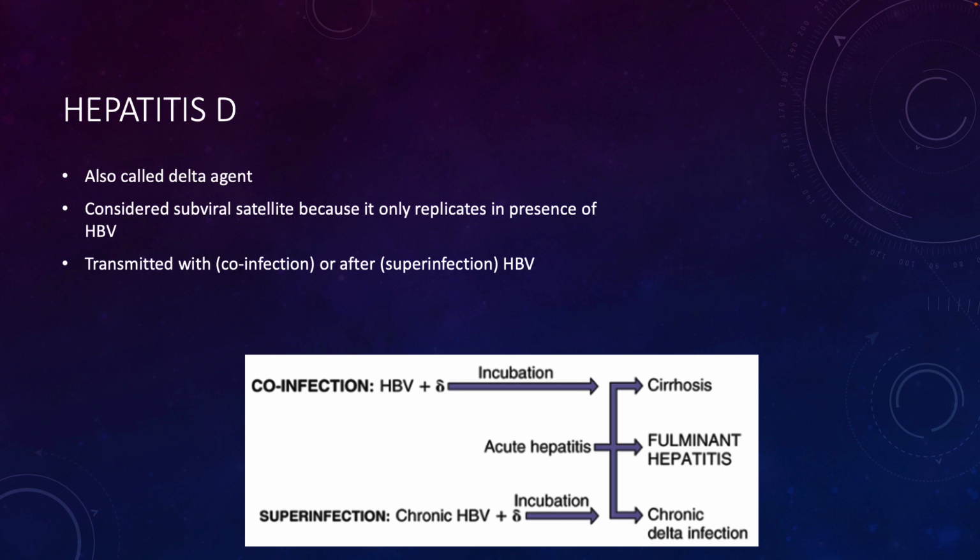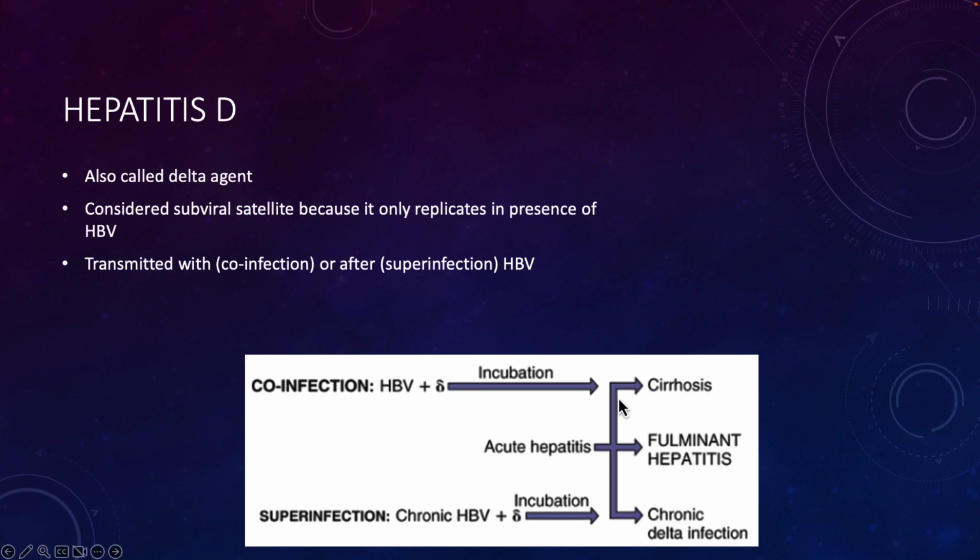It is considered a subviral satellite. So it's this kind of weird piece of genetic material, and it only can replicate if it is in the presence of hepatitis B. So it can be transmitted with hepatitis B as a co-infection or after a patient has hepatitis B as a superinfection. So basically if they're exposed again.